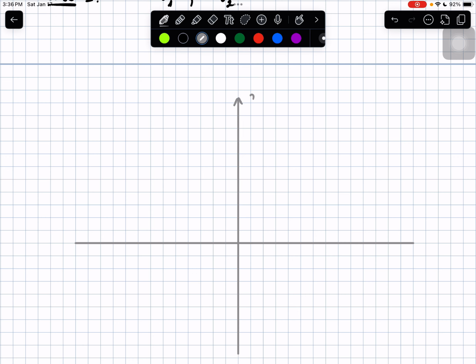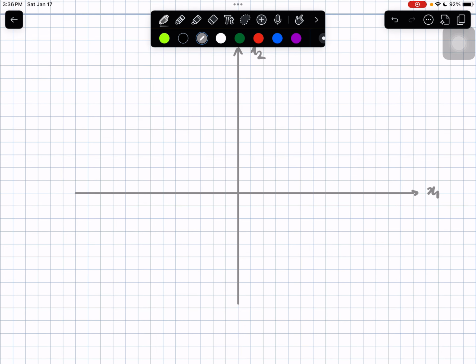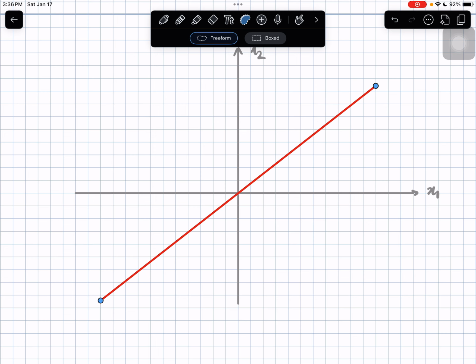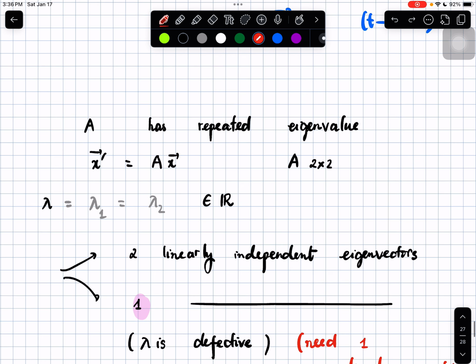Assume these vectors correspond to v1. We have one eigenspace here, the line L1 corresponding to v1 and lambda. Actually there's only one lambda here. It's repeated.